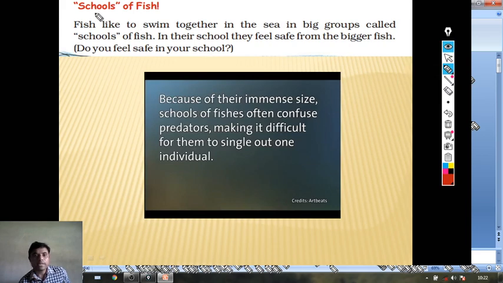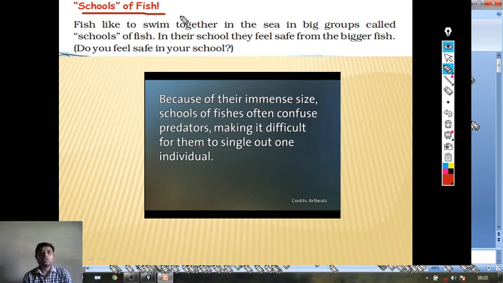interesting topic, that is schools of fish. Fish like to swim together in the sea in big groups called schools of fish. So generally, in our school, Arambag Vivekananda Academy, so many students come here to learn, to study.